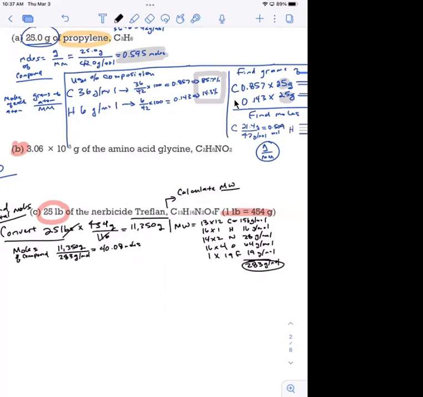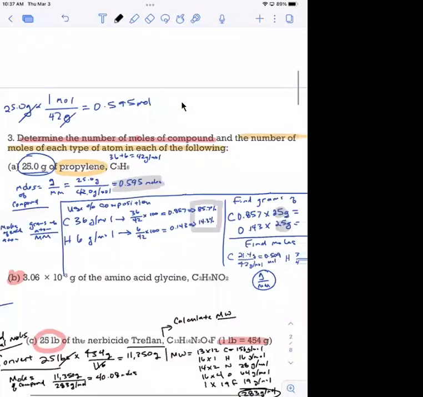If we know the total number of moles, then the total number of moles for each atom has to add up to that number. So every one of those atoms is going to be some percentage of 40.08 moles. Are we done with the 40.08 now? No, we're done with the first part.